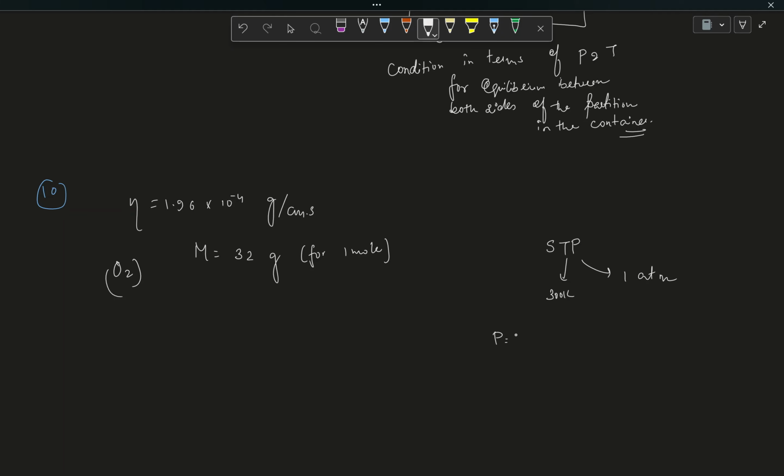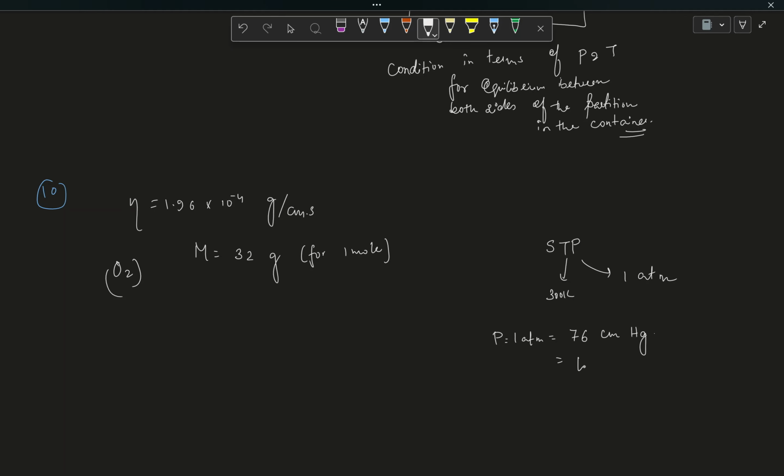If pressure is 1 atmosphere, it is standardly known that this is 76 centimeter Hg. That means this is the equivalent pressure of mercury of a height of 76 centimeter.